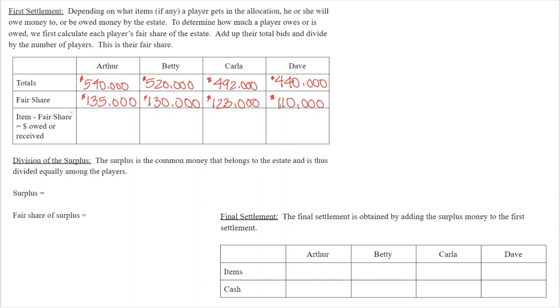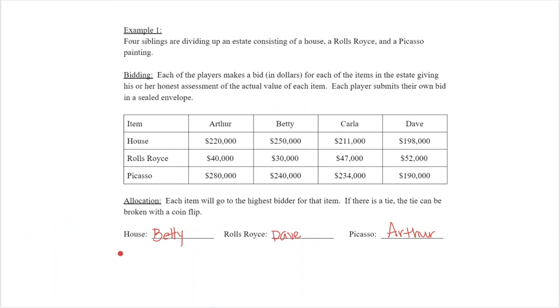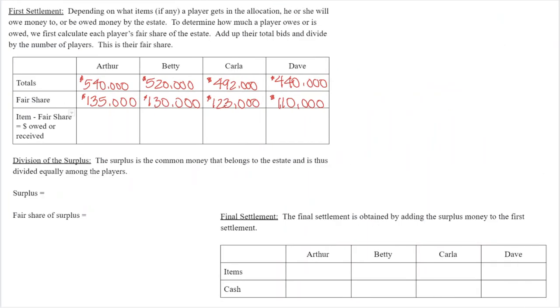So if we go back, Arthur is getting the Picasso. He thought that was worth $280,000. Well, his fair share is $135,000.